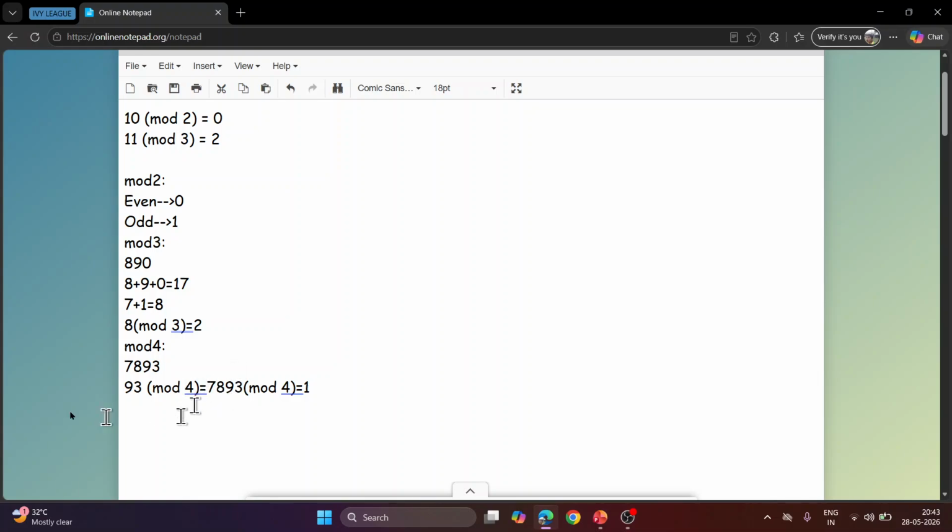What trick I use here is I just consider the last two digits, and 92 is completely divisible by 4, so the remainder must be 1.